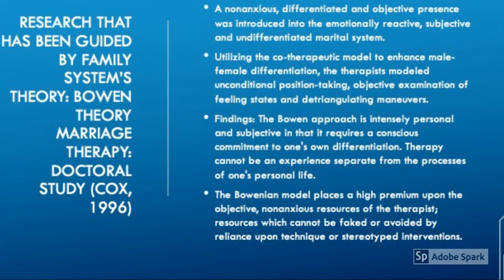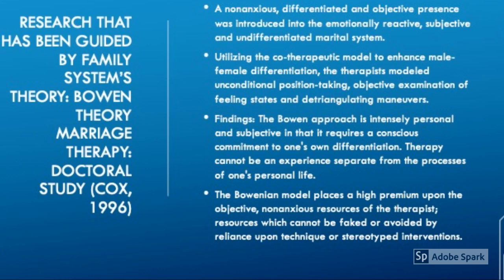A doctoral study that was guided by Bowen's theory was used in marriage therapy, which can also be used in psych nursing and the emergency department as well. This study displayed a non-anxious, differentiated, and objective presence, which was introduced into the emotionally reactive, subjective, and undifferentiated marital system.